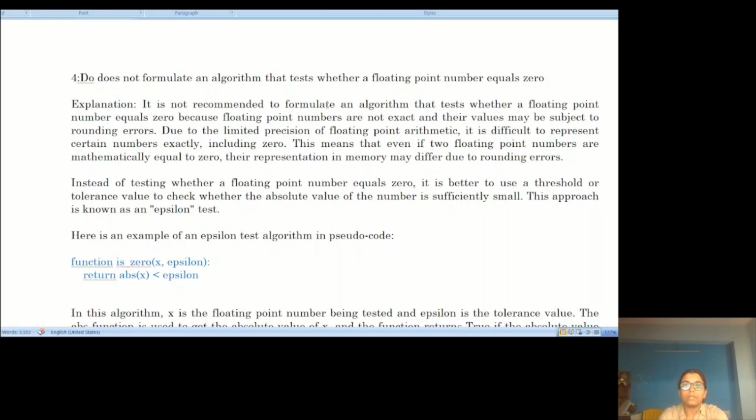This means that even if two floating point numbers are mathematically equal to 0, the representation in memory may differ due to rounding. Instead of testing whether a floating point number equals 0, it is better to use a threshold or tolerance value to check whether the absolute value of the number is sufficiently small or not. So this statement is true.